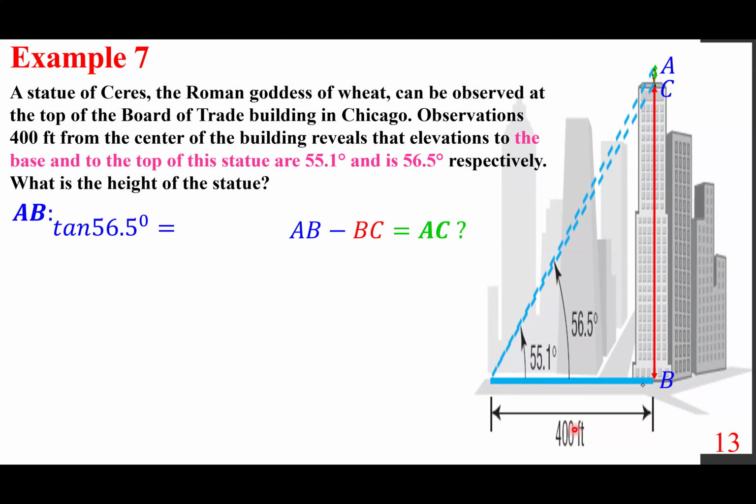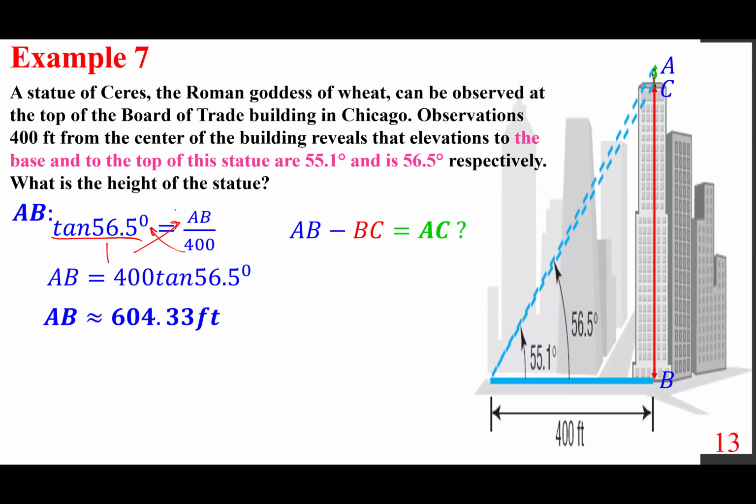So tan of 56.5 degrees is the opposite, which is AB, over the adjacent, which is 400. And so again, cross product. AB is the product of 400 and tan of 56.5. You put it into a calculator and you get 604.33 feet.